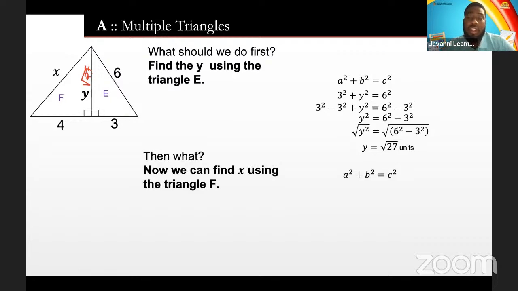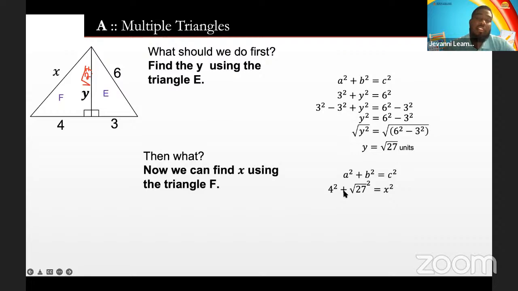Again, a squared added to b squared is the sum of the squares of the two shorter sides of triangle F that we're concentrating on. Not the big triangle, but we're putting it into two pieces.